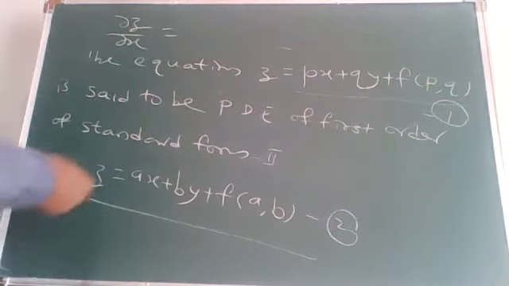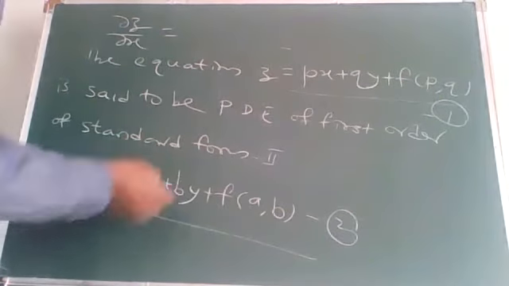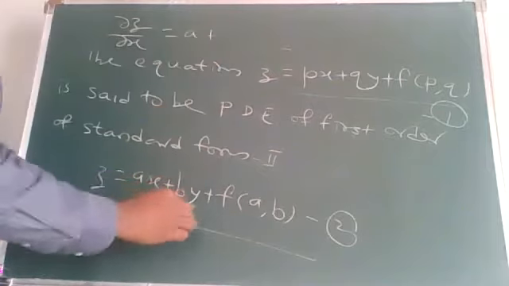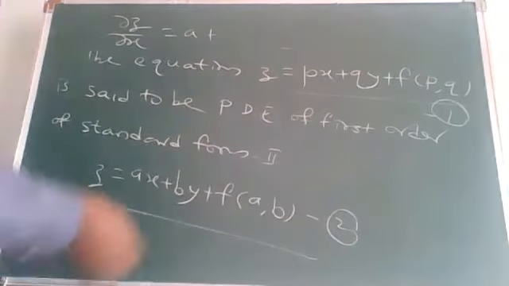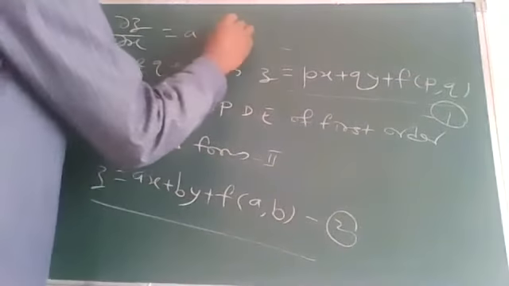On the LHS we get dou z by dou x, and on the RHS, the derivative of a into x with respect to x is a, b into y gives 0, and f of ab gives 0. So only a is there. Check that: a plus 0.